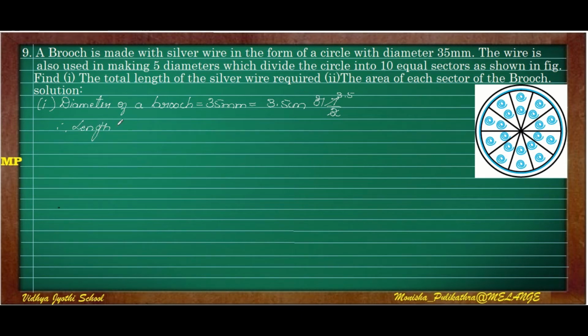So the length of the wire required for making 5 diameters is equal to 3.5, the length of one diameter, into 5 diameters, that is 1 diameter into 5, which is equal to 17.5 centimeter.